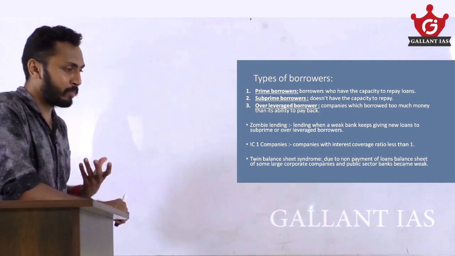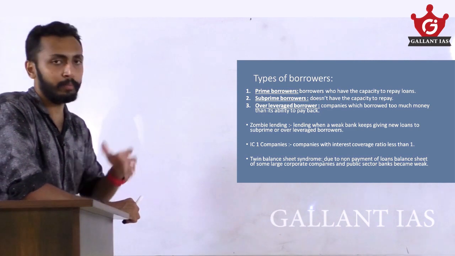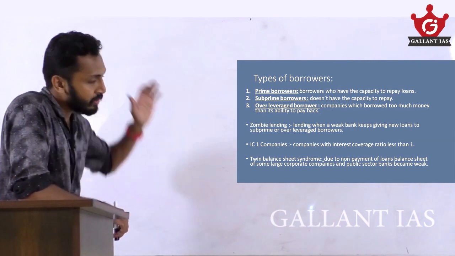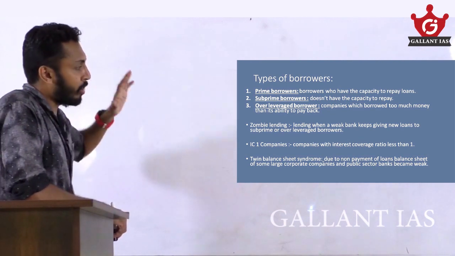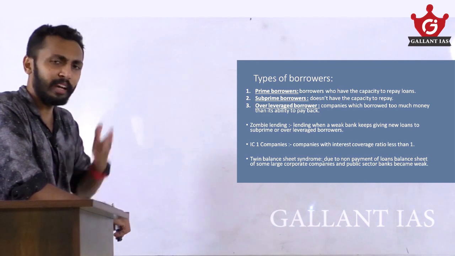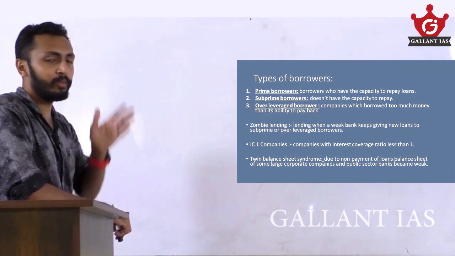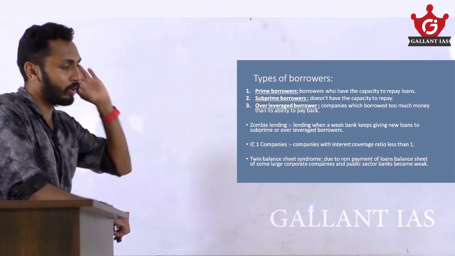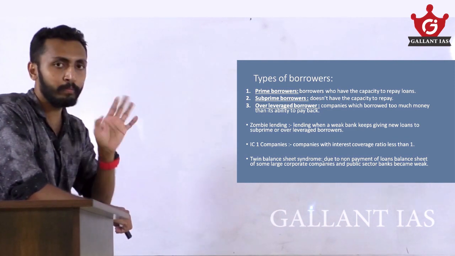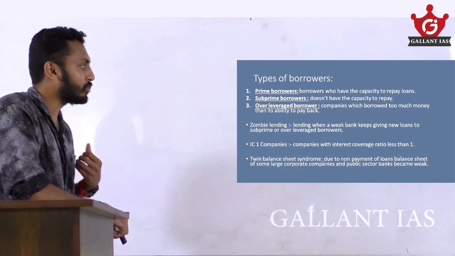Banks may give loans to one subprime borrower, two subprime borrowers, because of some mistakes, but if banks continuously give loans to these subprime or over leveraged borrowers, what will happen? Banks will collapse. This kind of lending, continuously giving loans to subprime or over leveraged borrowers, is known as zombie lending.